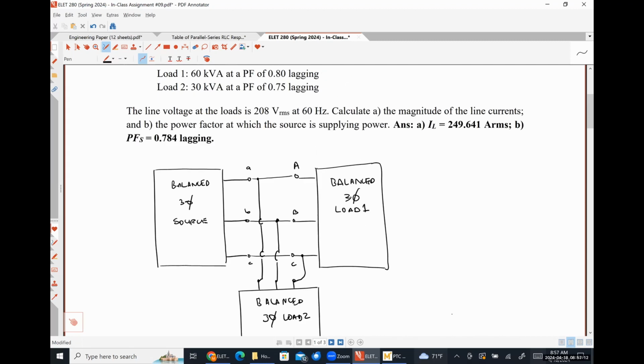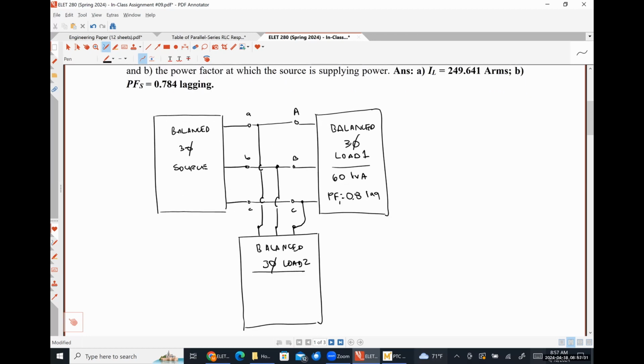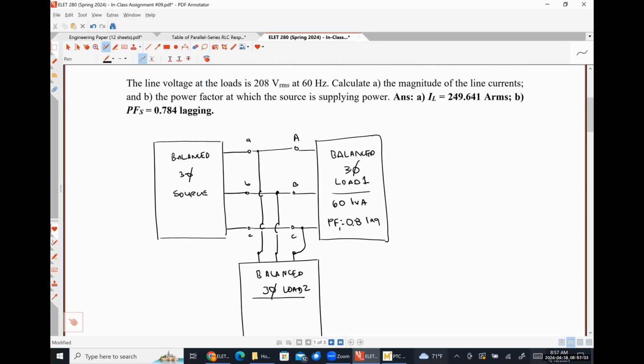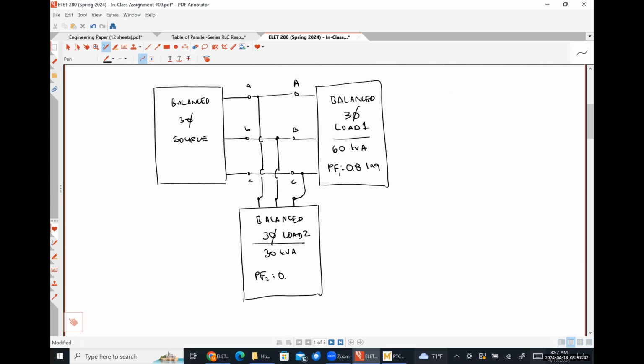We are told that load one draws 60 kVA at a power factor of 0.8 lagging. And we are told that load two draws 30 kVA at a power factor of 0.75 lagging.